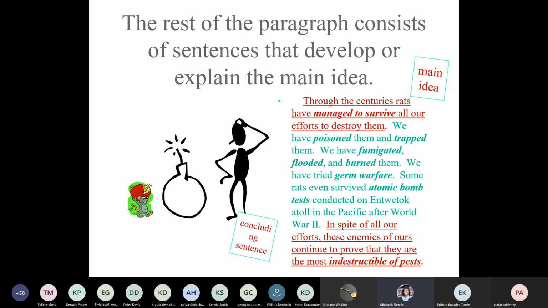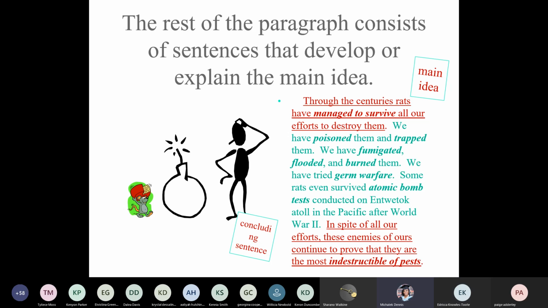So you should know the developing sentences after, or the supporting details after, are going to list or describe ways that they tried to get rid of the rats, right? That should be the first thing that you think about.